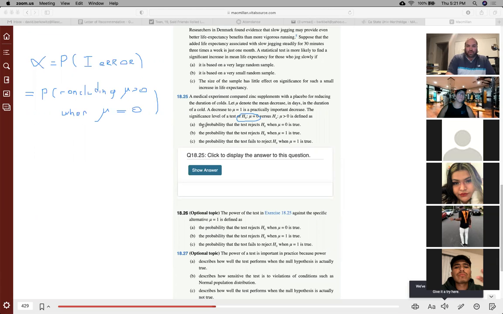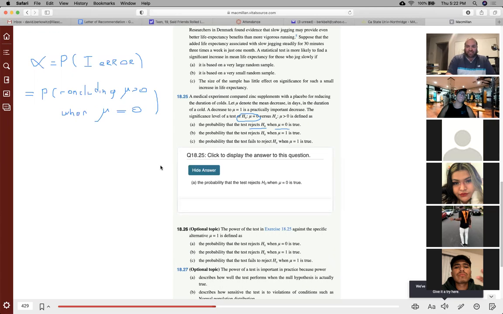A, the probability that the test rejects the null hypothesis when mu equals 0 is actually true. So I'm going to say A. Oh my God, it's A, crazy.